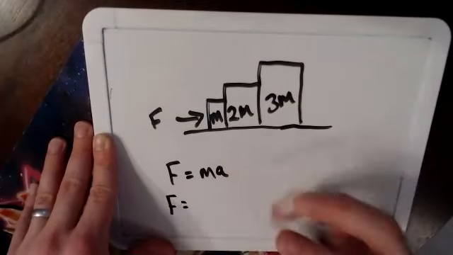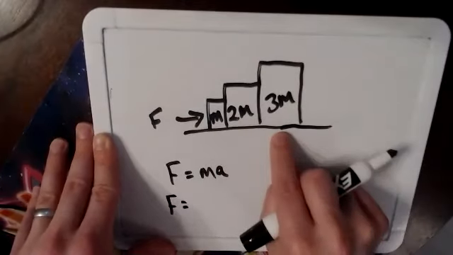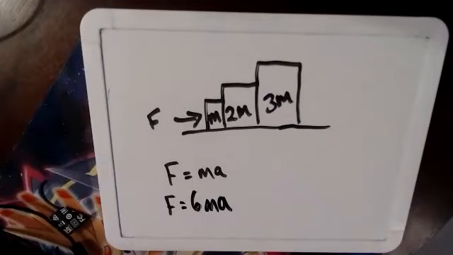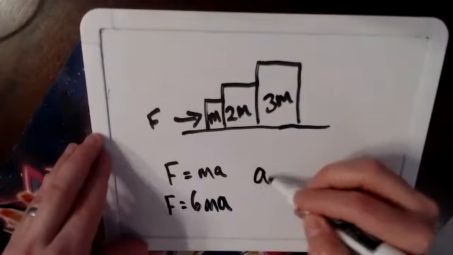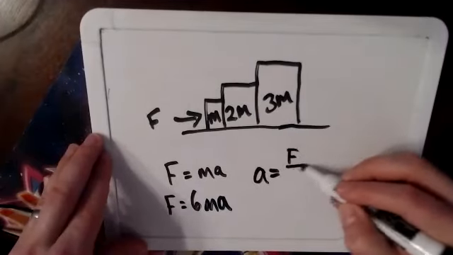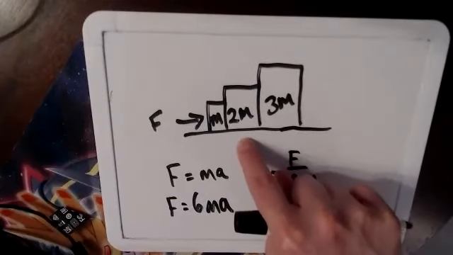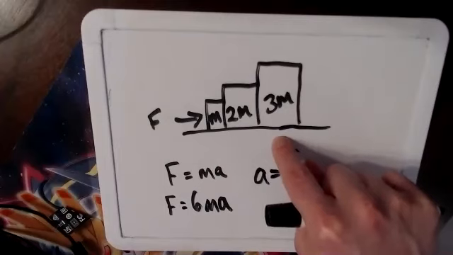So I say F equals 1 plus 2 is 3, plus 3 is 6 ma. So the net force on the system is F over 6m.